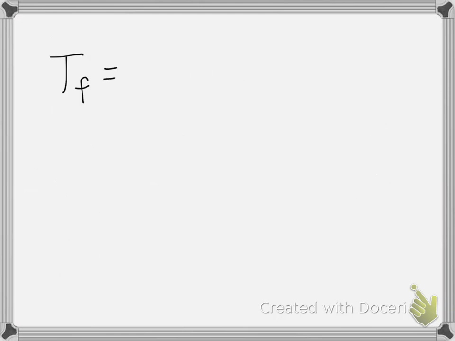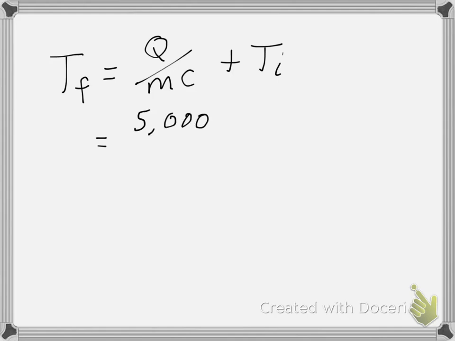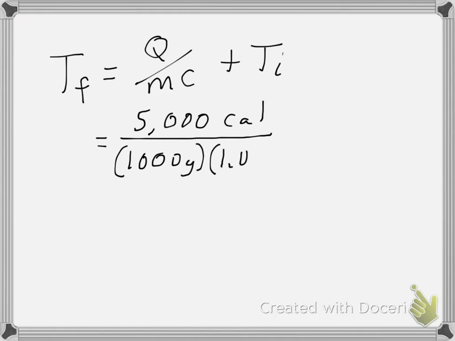So Q is 5,000 calories, m was 1,000 grams, and c was 1.0 calories per gram per degree Celsius, and this is going to give plus 50 degrees Celsius.